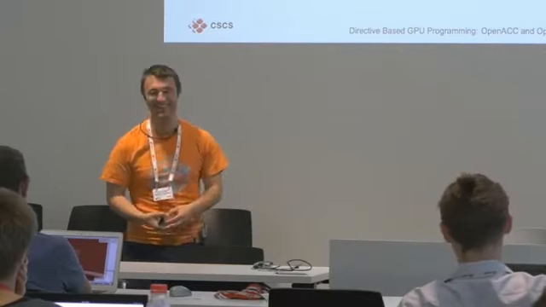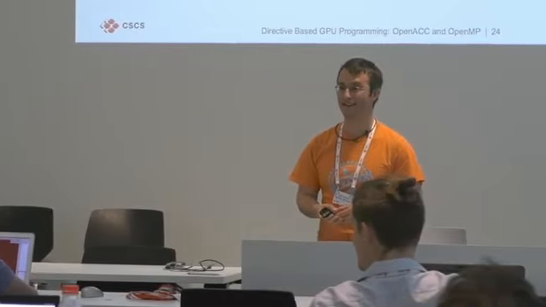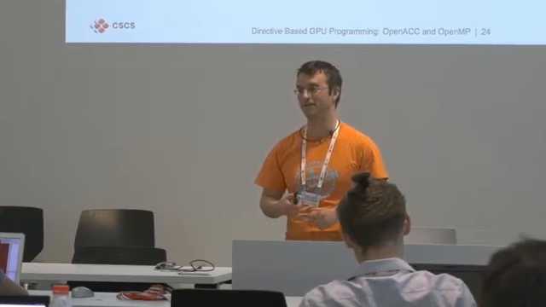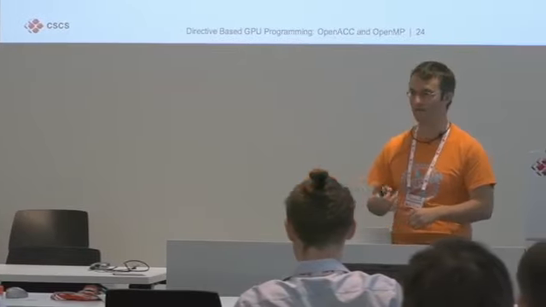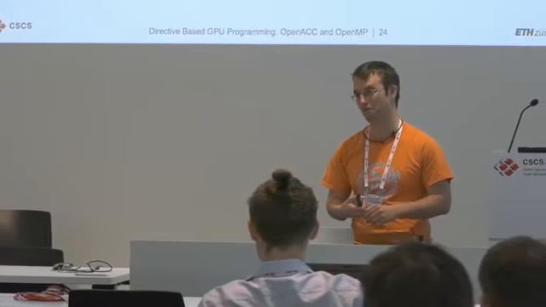So perhaps they are not compatible, and perhaps there is no OpenACC support for AMD devices. No, it's not. For non-NVIDIA hardware, I think you should probably go with OpenCL.